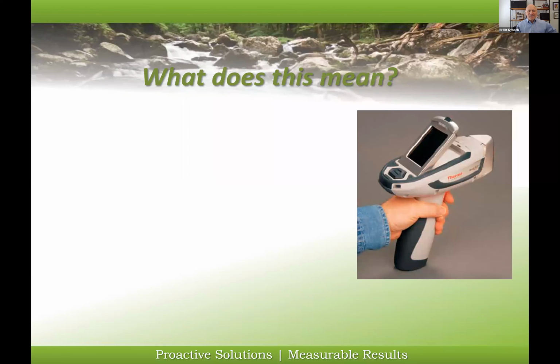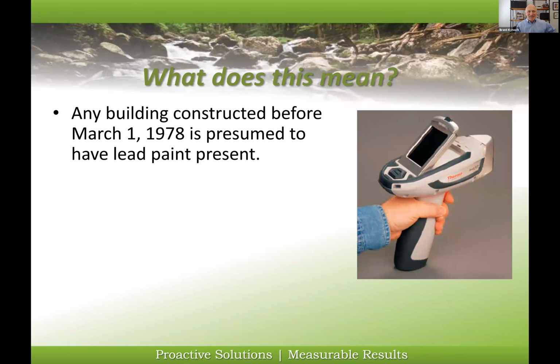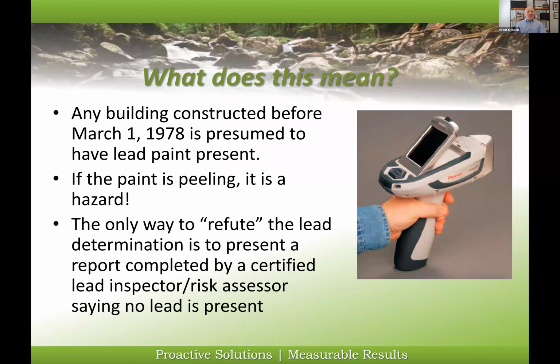The only exemption to this is if testing has been done by a certified lead inspector or risk assessor using, again, something like an XRF device that you see in that picture to test and prove that there is no lead-based paint present.